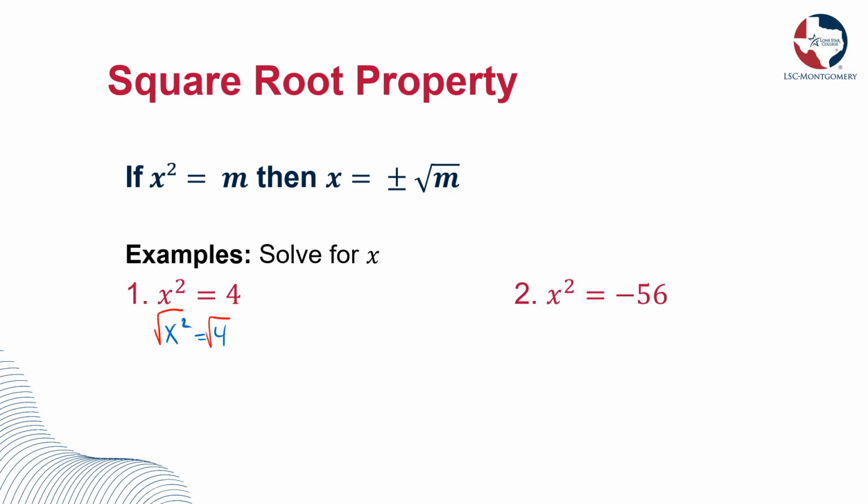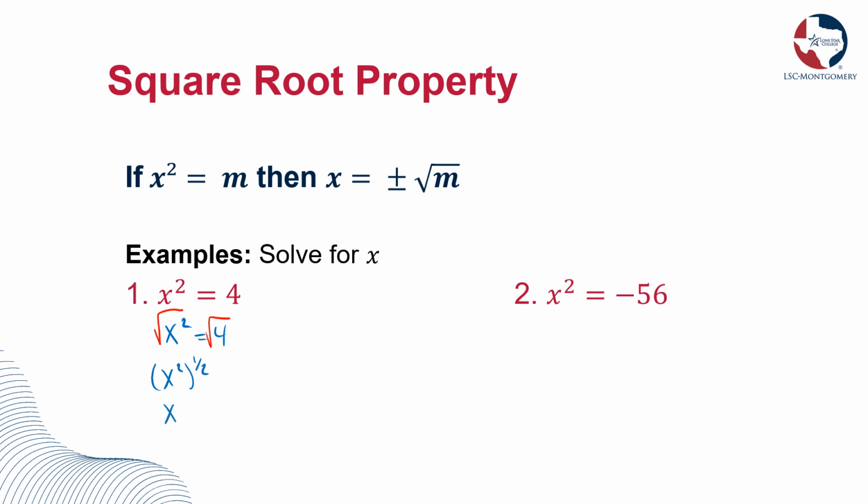Now what happens on the left is a square root is actually saying something to the power of 1/2. So in reality, what's happening on the left side is that you're rewriting this as x squared raised to the 1/2 power. Now the rules for exponents state that when you have a power to a power, you're multiplying.